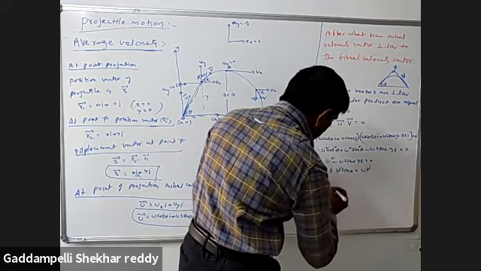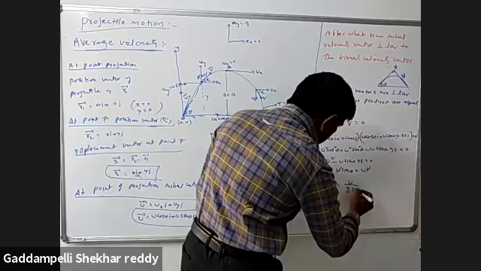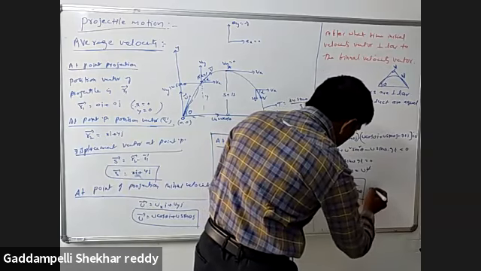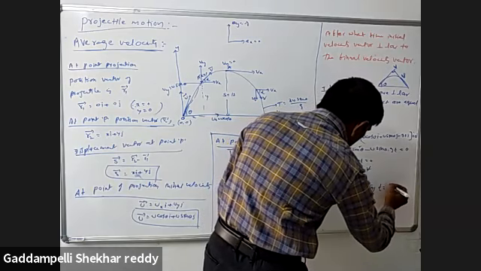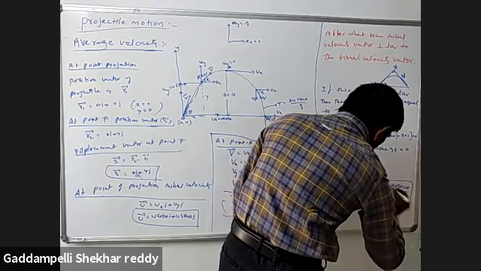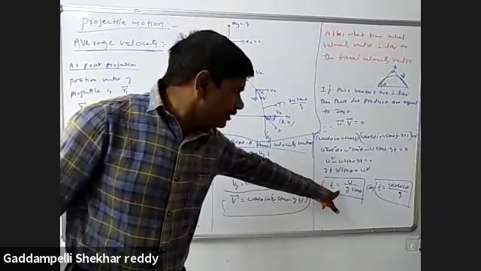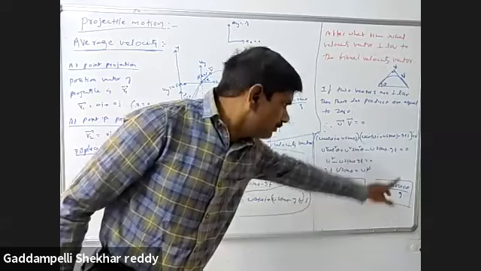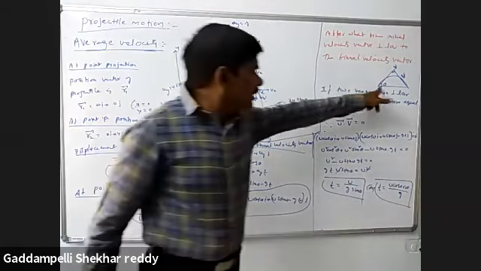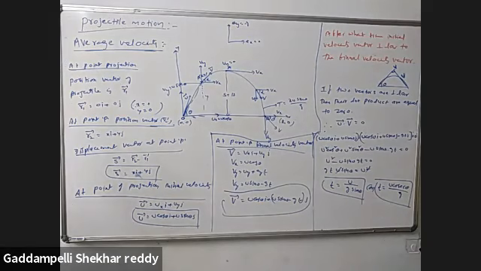Here u gets cancelled. t is equal to u by g sin theta, or t is equal to u cosecant theta by g. Okay, so how much time is required? After traveling time t equals u cosecant theta by g, the initial velocity vector is perpendicular to the final velocity vector. Next, average velocity.